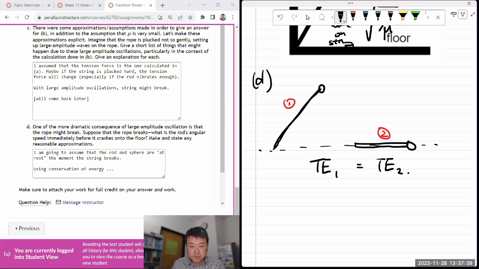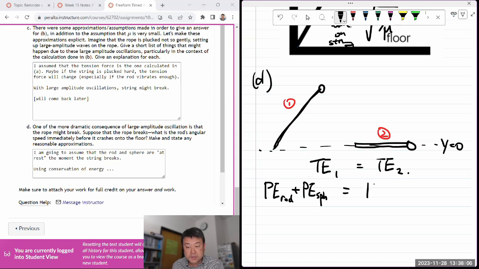So I'm going to track the rod and the sphere separately, so they will have their own gravitational potential energy. So in position 1, I have the gravitational potential energy of the rod, gravitational potential energy of the sphere, and the kinetic energies are going to be 0. So I won't write them down. In snapshot 2, I will set y equal to 0 here, so I don't have to worry about gravitational potential energy here.